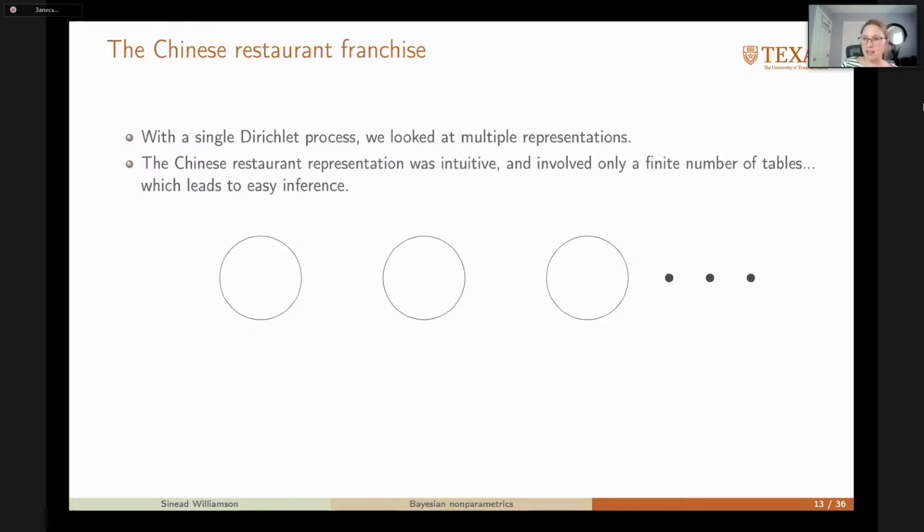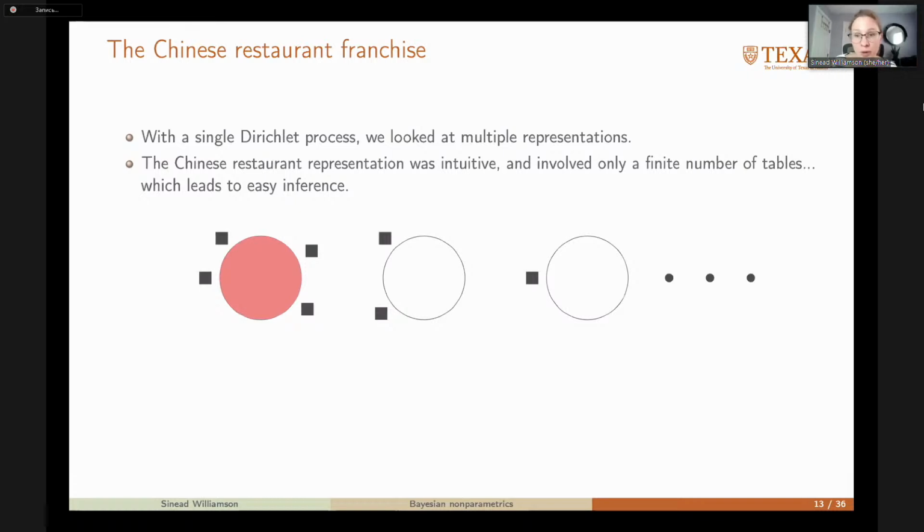Right, so as a reminder for that, we had this infinitely large restaurant. Customers come in and they sit at tables. First one sits at the first table, and then subsequent customers sit at tables with probability proportional to how many people are at that table. And then once we've got our tables, each table is going to sample a dish, right?